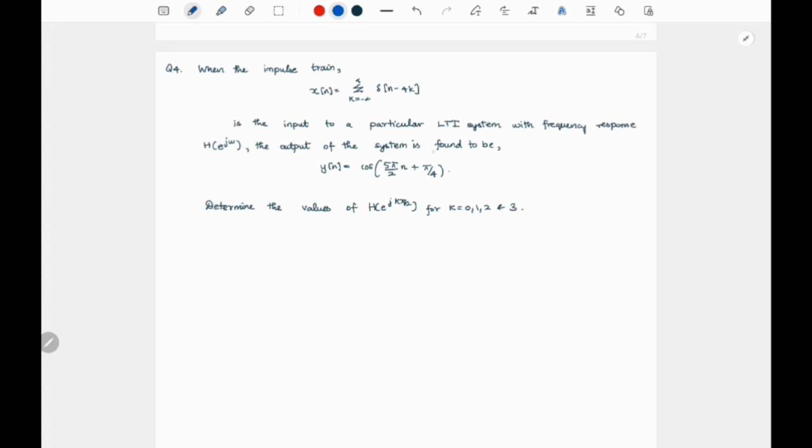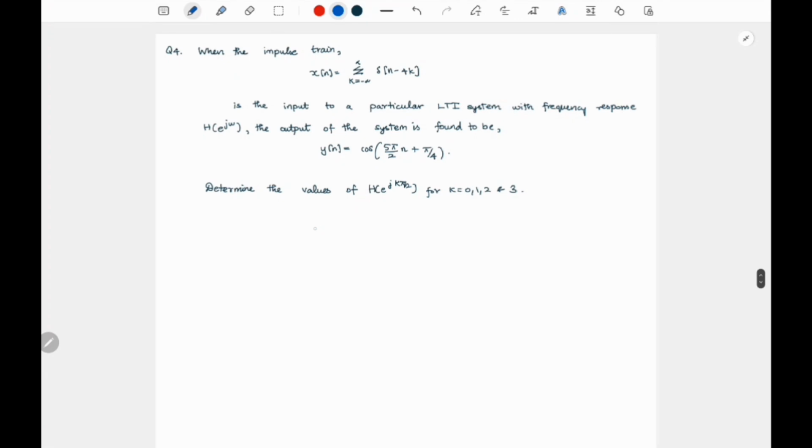The output of the system is found to be y of n equal to cos 5 pi by 2n plus pi by 4. Determine the values of h of e power j k pi by 2 for k equal to 0, 1, 2 and 3. Okay, first let me find x of n in the form of a sum of complex exponentials. Then I can compare y of n and x of n, and then I can find out h of e power j omega.